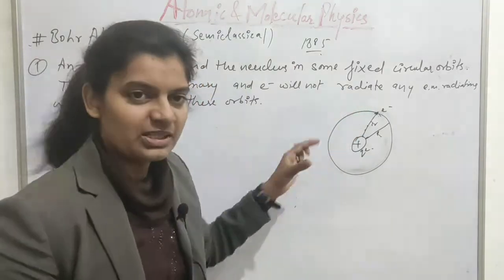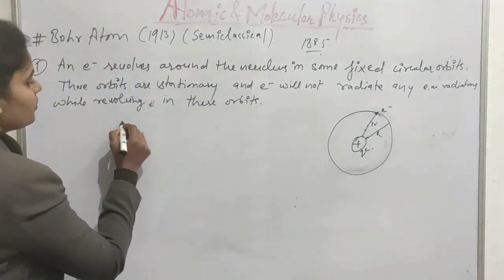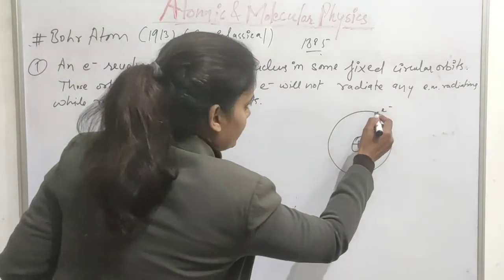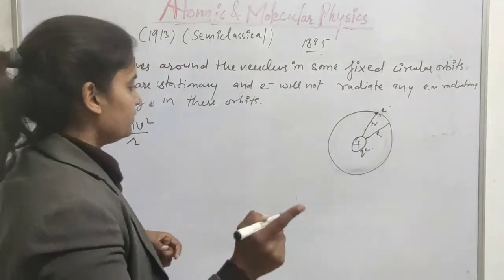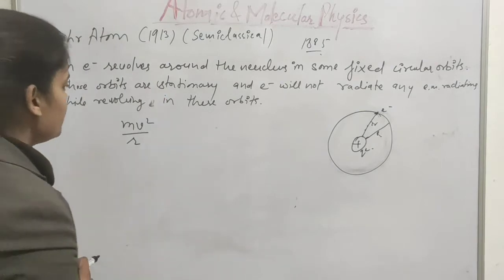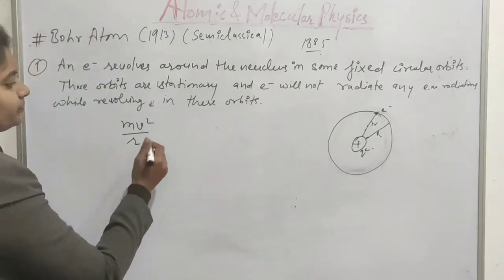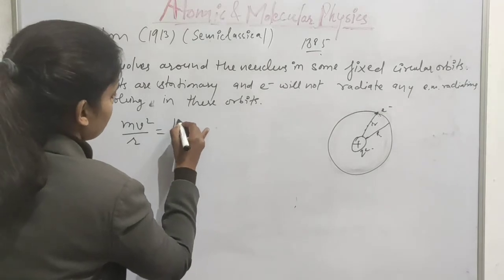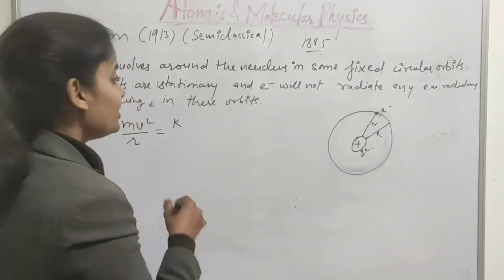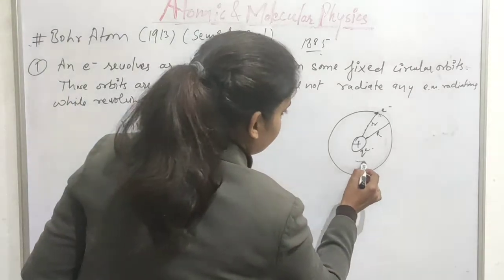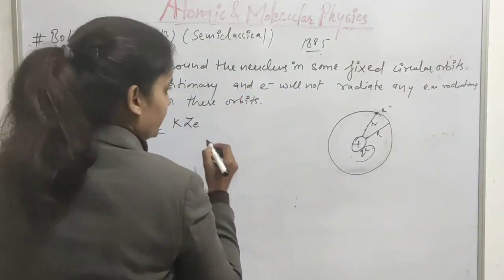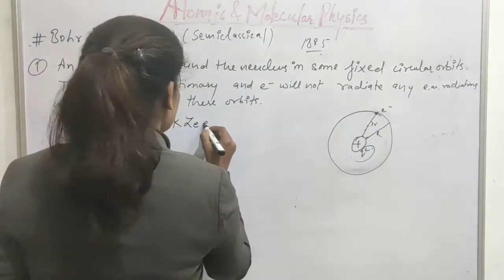So if we write mathematically the centripetal force, you know that it is mv square by r, where r is the radius and the electron revolves with velocity v and mass m. This is provided by the Coulombian attraction force. You know that the Coulombian attraction force is k q1 q2. q1 is the charge on the nucleus, that is Ze, and the charge on the electron is e.